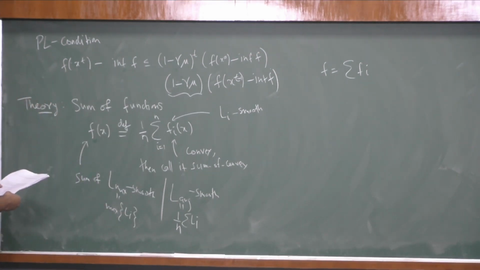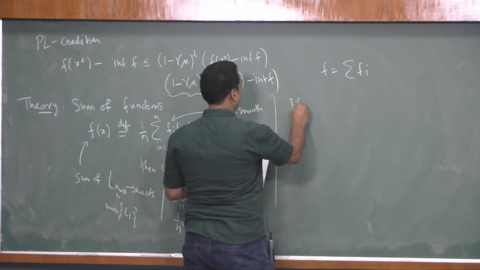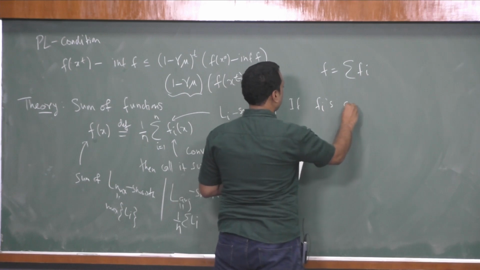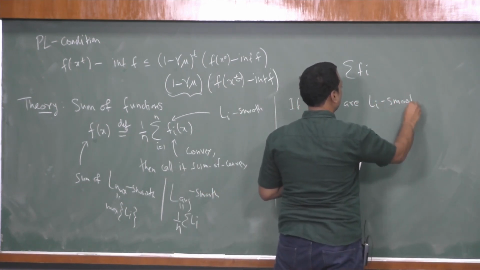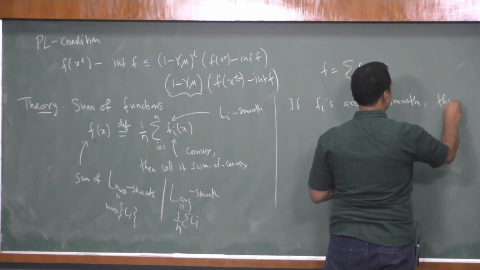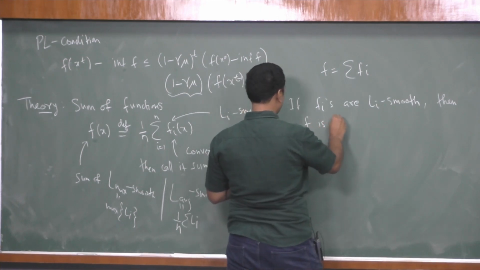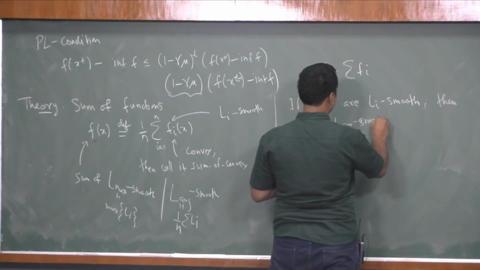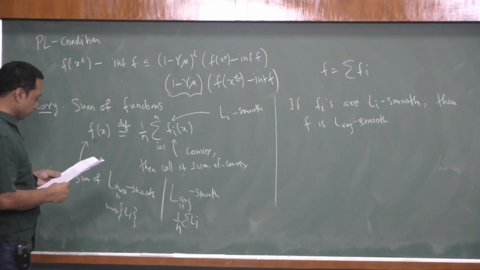We have shown in the last class that if the f_i's are L_i smooth, and f is the sum, then f is L average smooth. All these were easy proofs in the last class.